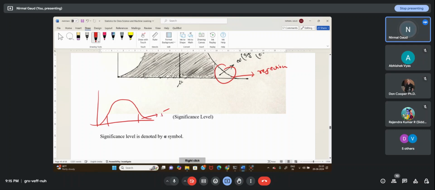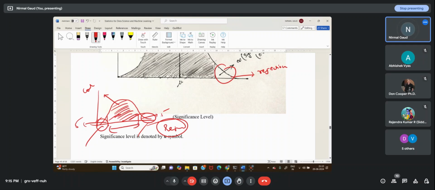This is 5% and this is 5%. 5, 5, 10%. So anything which comes under here is accepted. Anything which comes outside, that means either here or here, is rejected. So we are having a significance level of 10%. Anything which falls here in the confidence is the interval actually.